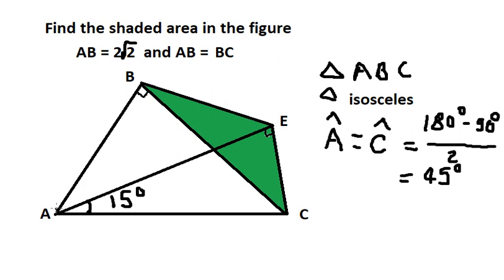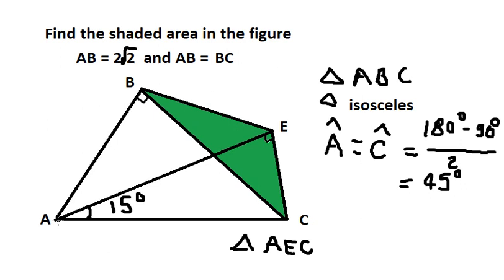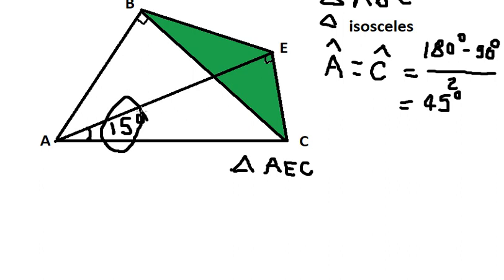Now, let's go to triangle AEC. In triangle AEC, we have 15 degrees. We can find this value in here, which is angle ACE.